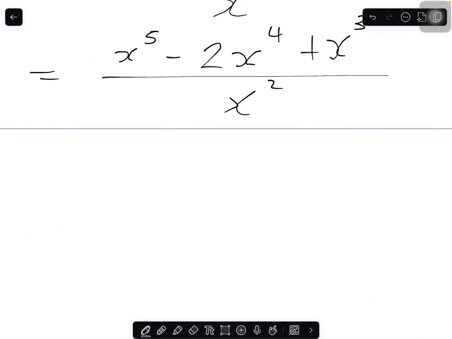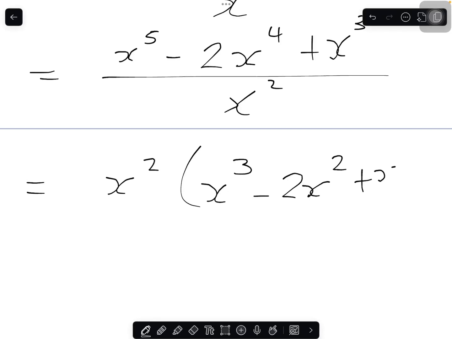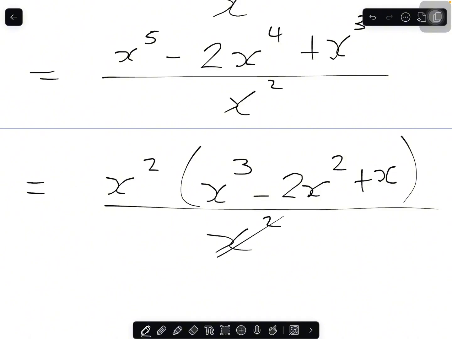And here I'm then going to get a common factor which I can remove, and that common factor is x squared into x to the 3 minus 2x to the 2 plus x over x squared, and I can cancel these out.